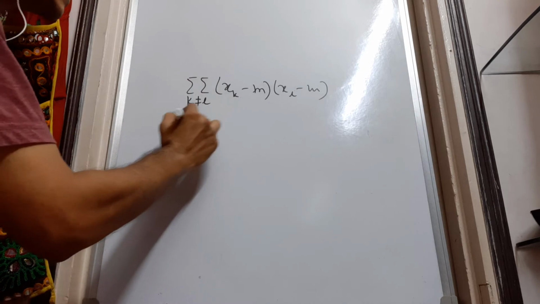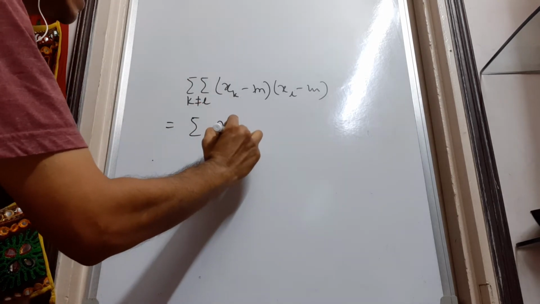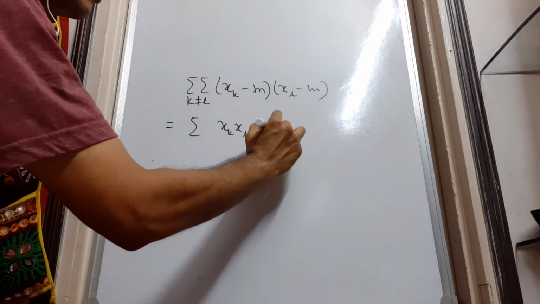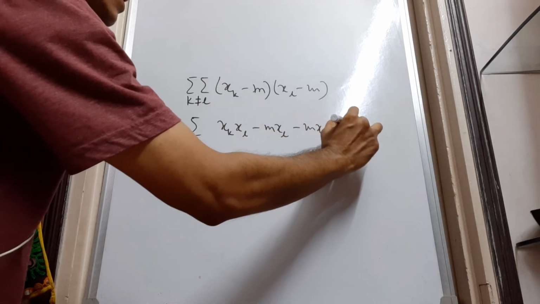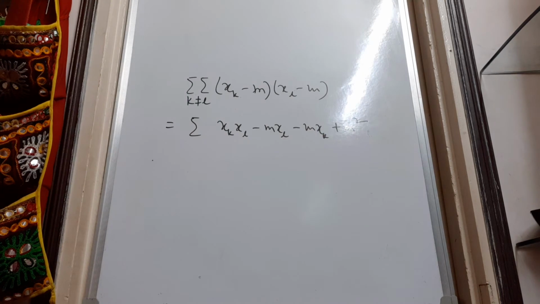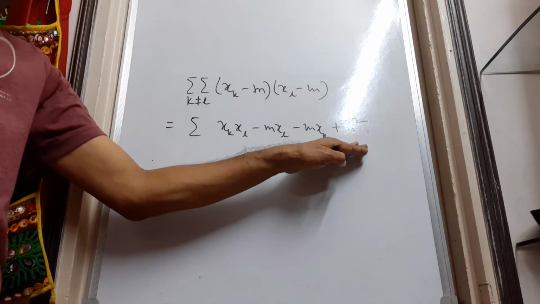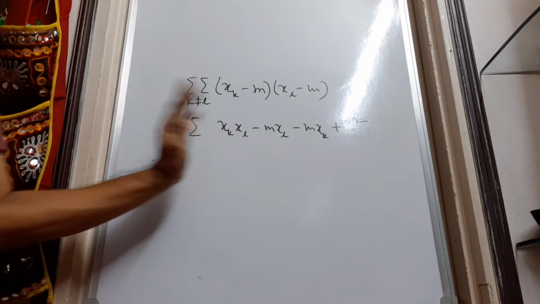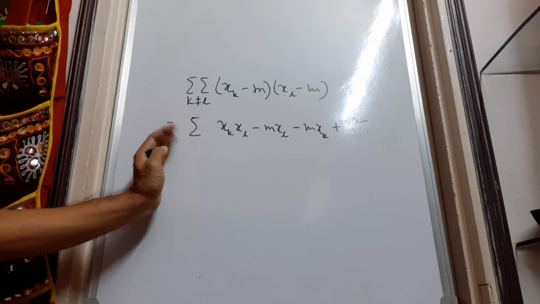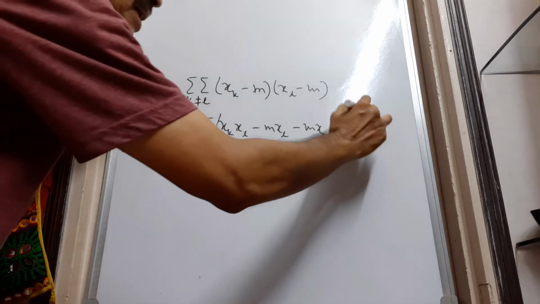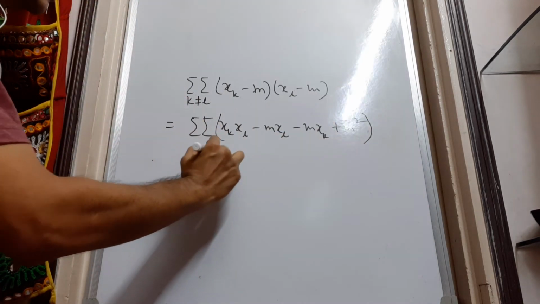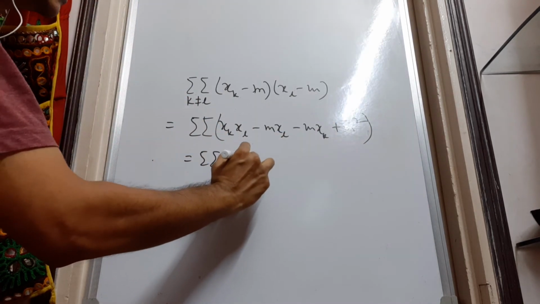So we can write it as like this: xk xl minus m xl minus m xk plus m square, and we can easily satisfy ourselves that when this m comes out of the summation sign, you can keep both the summations here. Both the summations actually take place in this term.